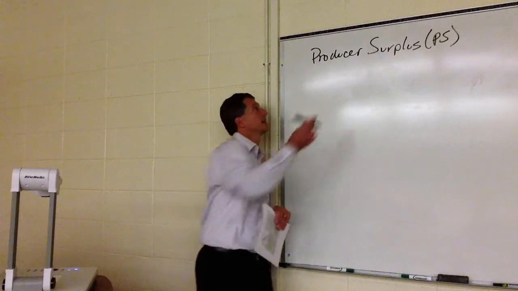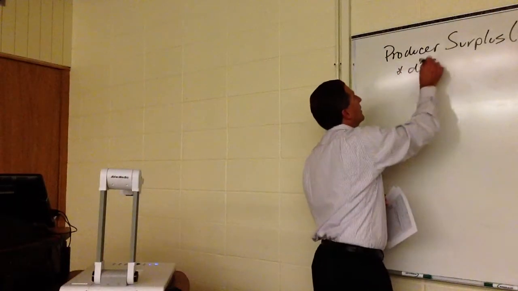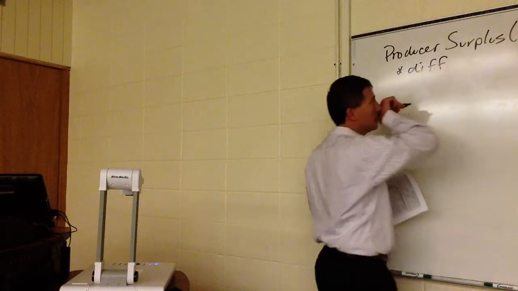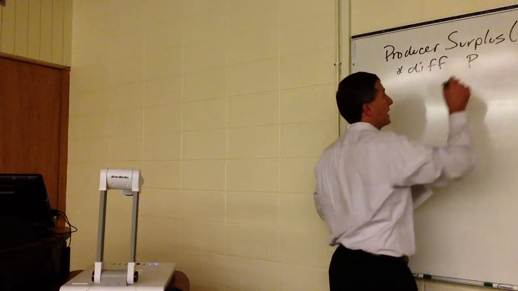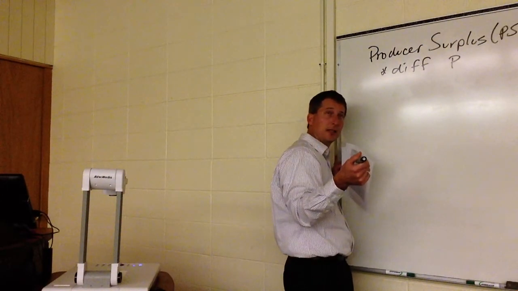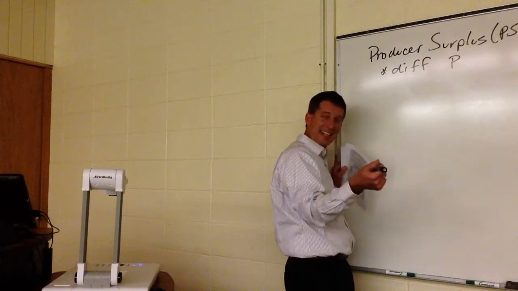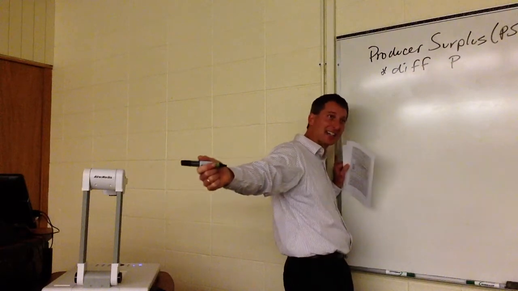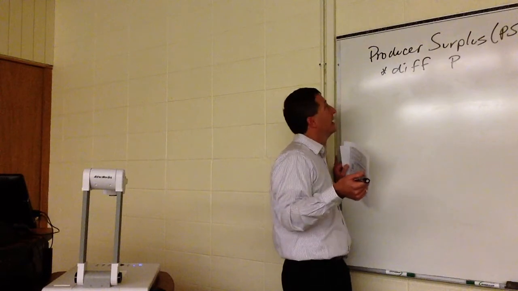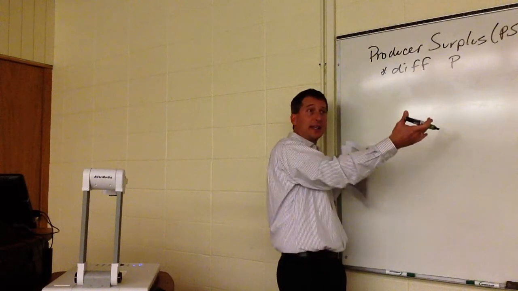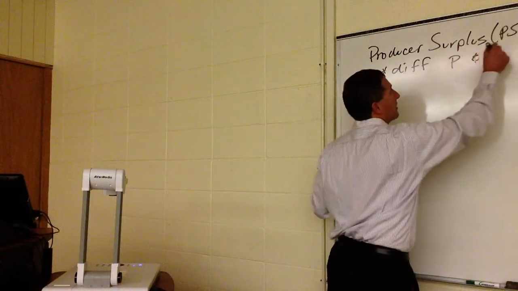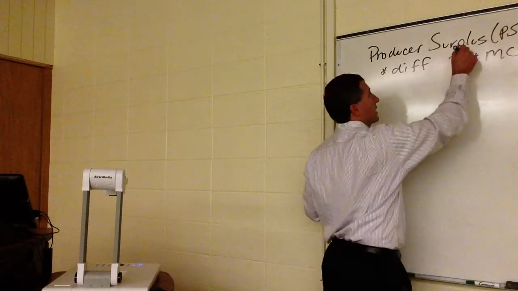Producer surplus is the difference between what? The price that they're willing to sell at, marginal cost, right? They have to cover at least their cost at the margin, right? So the surplus that they get is the difference between the price that they sell it at and their marginal cost, whatever they're selling the package at.